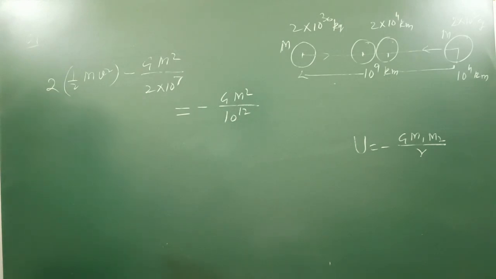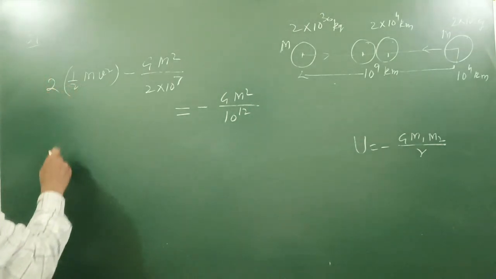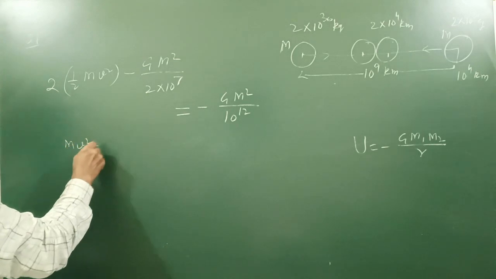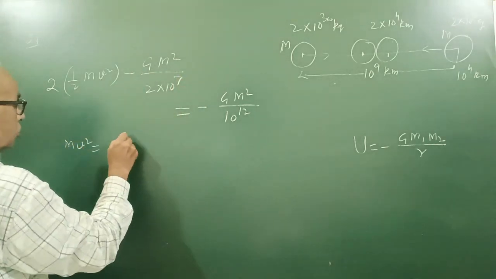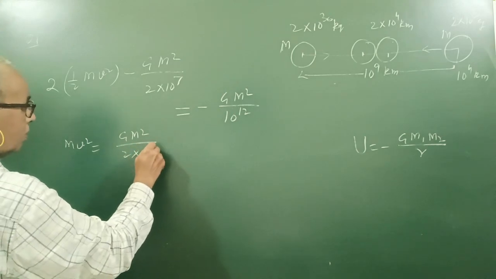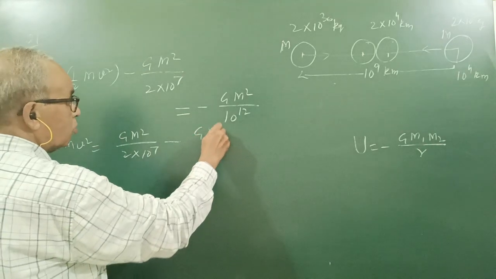So from here you have to find out this velocity. These two get cancelled, so mv square is equal to Gm square upon 2 into 10 to the power 7, this side, plus minus Gm square upon 10 to the power 12.